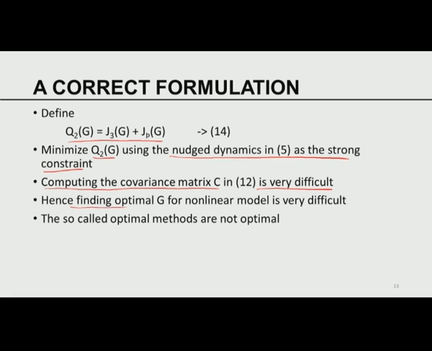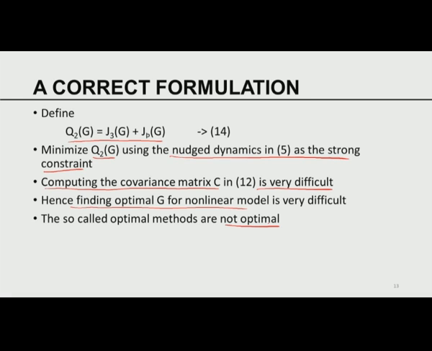Hence, in principle, finding an optimal G for a nonlinear model is a difficult problem. So in our view, the so called optimal methods that were proposed between 1990 and about 2005, covering a period of about 15 years, the claim that they are optimal is indeed not correct, they are not optimal.